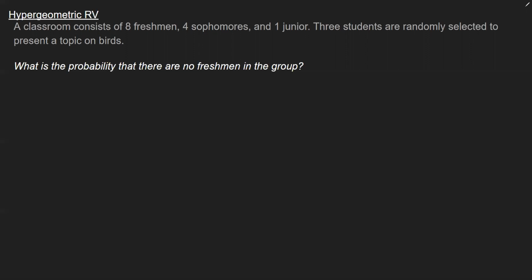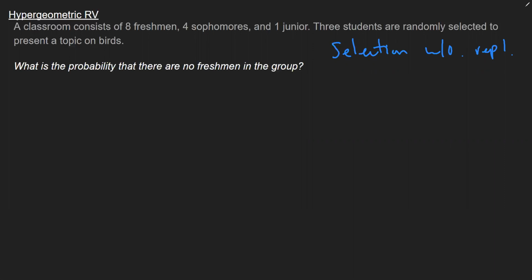The hypergeometric, to identify, has selection without replacement, and by default, all selection examples in probability classes are without replacement. So if a problem were to intend for you to replace, it would specifically state it. Otherwise, I would just assume that the selection is without replacement.